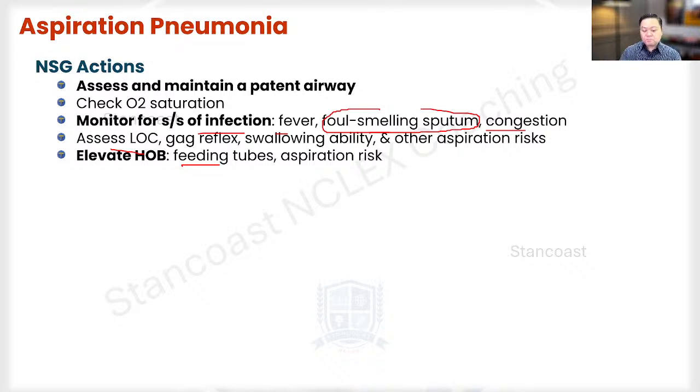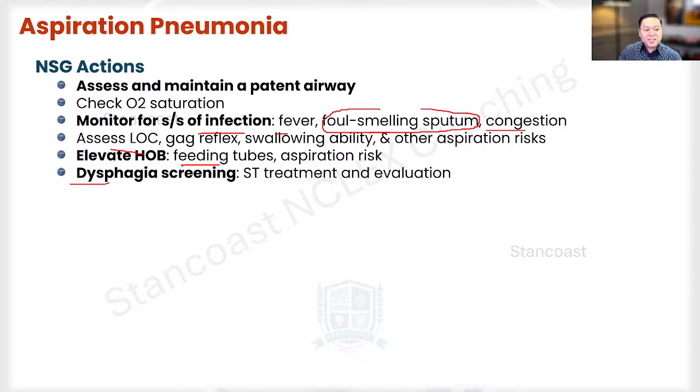Okay, now we are also going to have to pay attention to the patient's need to be screened for dysphagia. Okay, so what is this? Well, there are so many ways of actually doing this. As part of my experience as a neuro-stroke nurse, I did so many bedside dysphagia screenings, which is basically one of our roles.